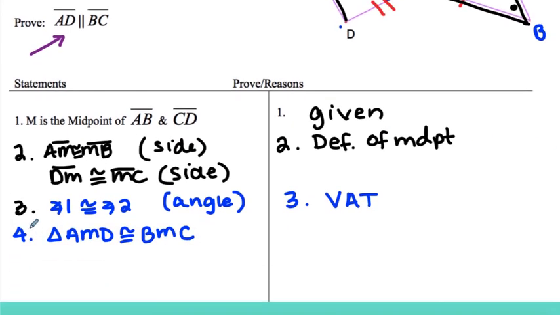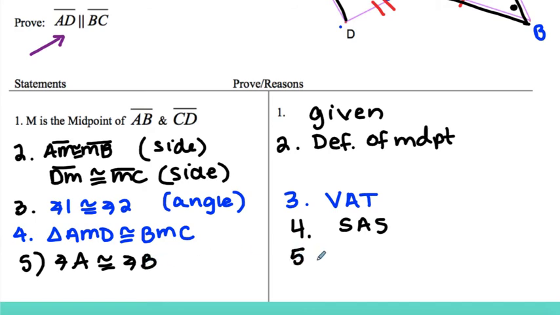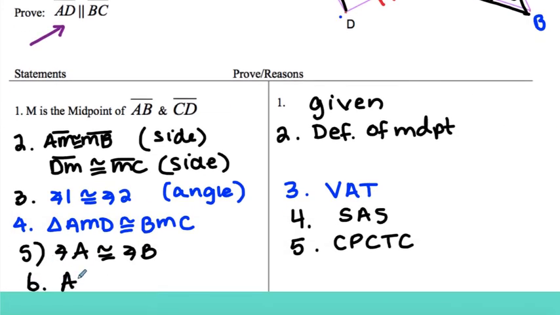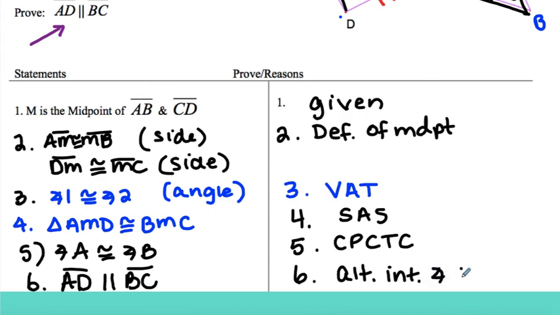Based on the triangle congruency and side angle side, we can say that angle A is congruent to angle B because of CPCTC. If A is congruent to B, those are alternate interior angles, that would make the top of the Z and the bottom of the Z parallel. So AD is parallel to BC because of the alternate interior angle theorem converse.